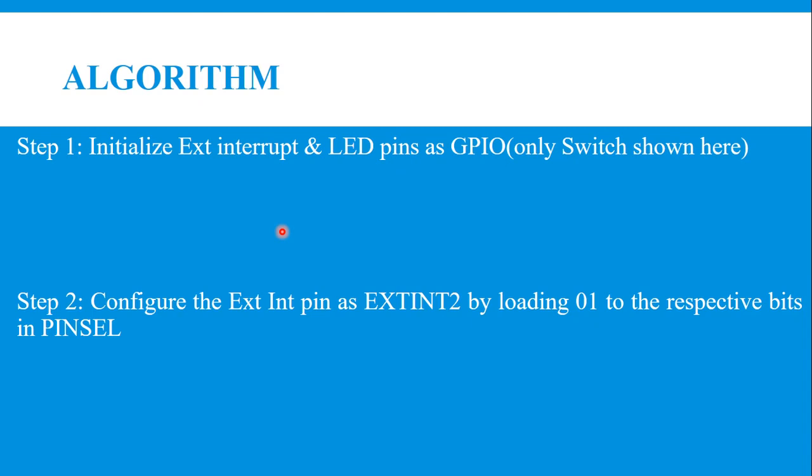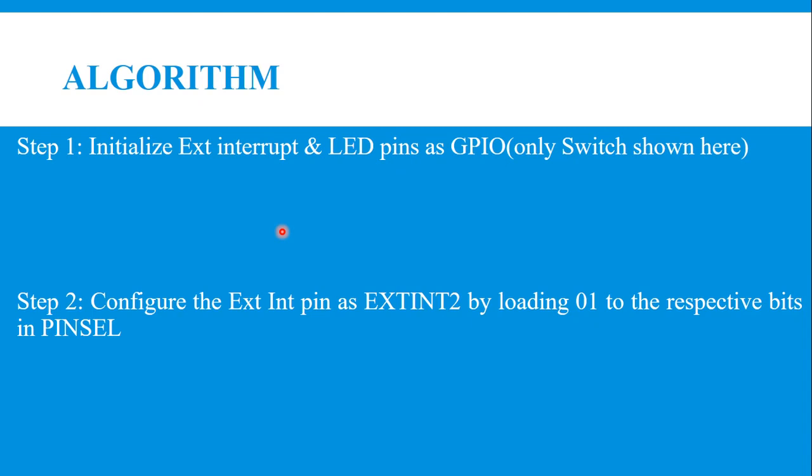That is an optional step, because the primary function of the external interrupt pin is external interrupt itself, so there is no need to make it a GPIO. Anyhow, in the program flow you can check the status of all the pins by making them GPIO, and later move to the particular function you need.